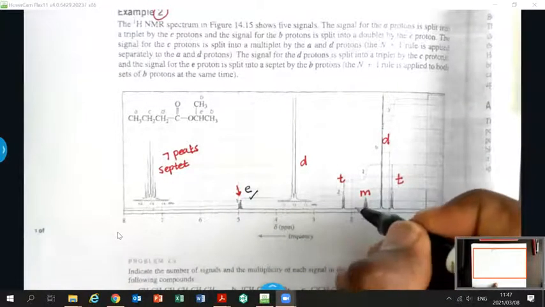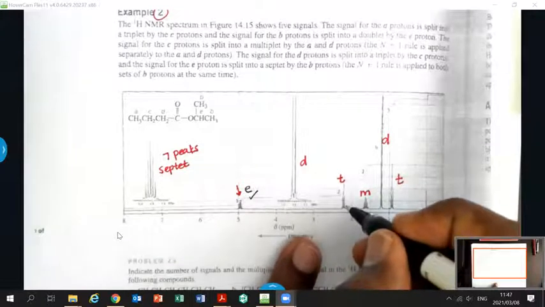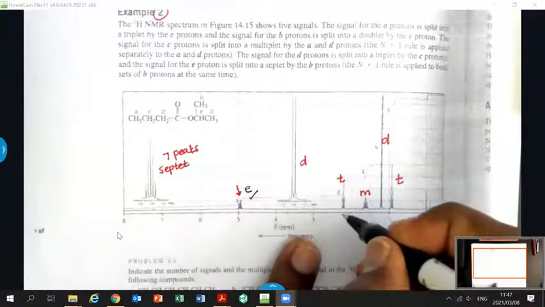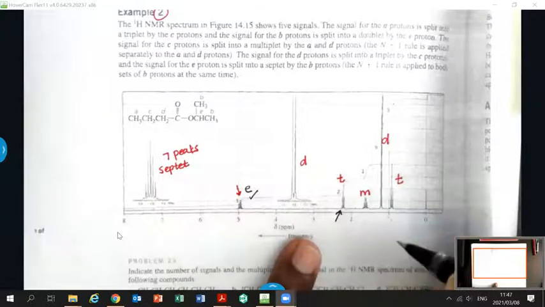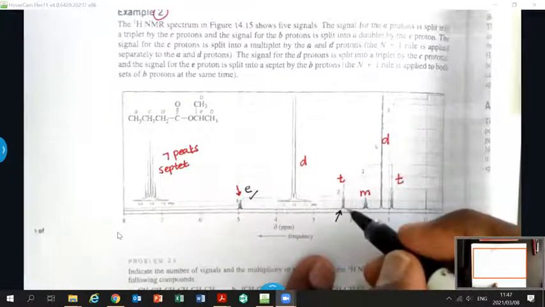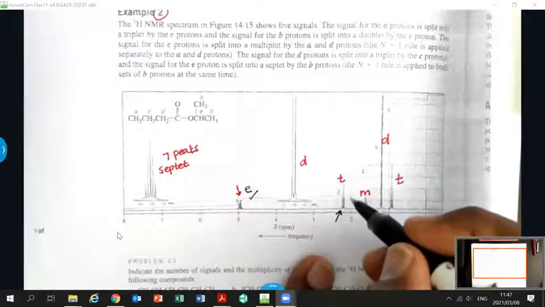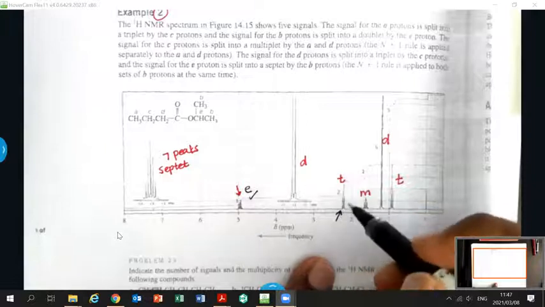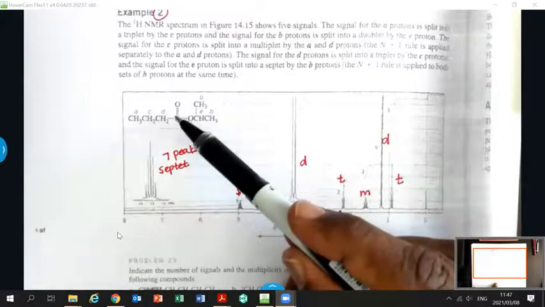I can then look at the other de-shielded peak. So the next de-shielded peak is here, right? At 2.2 or so. And as I said, if something's around 2.2, it probably is 3 bonds away from the oxygen, and something can be 3 bonds away from the oxygen if it's next to a carbonyl group, right?